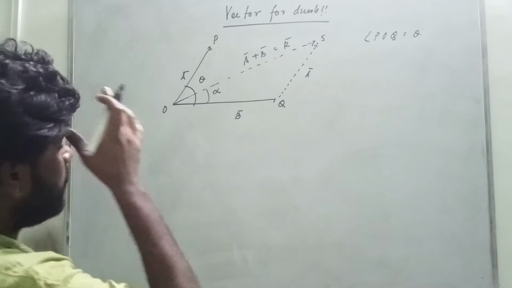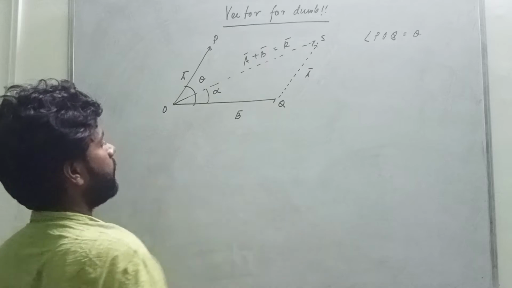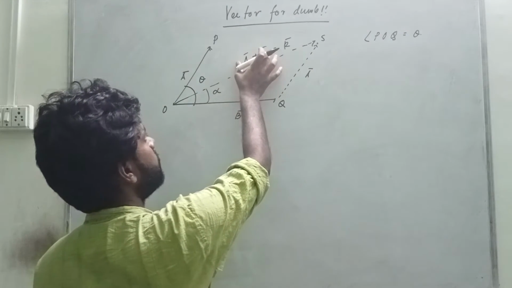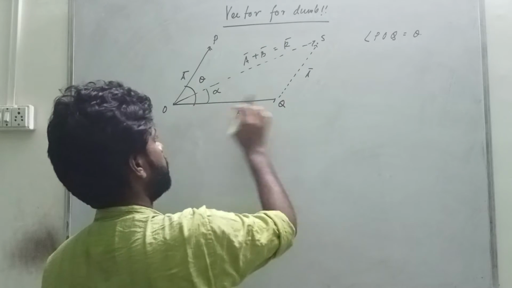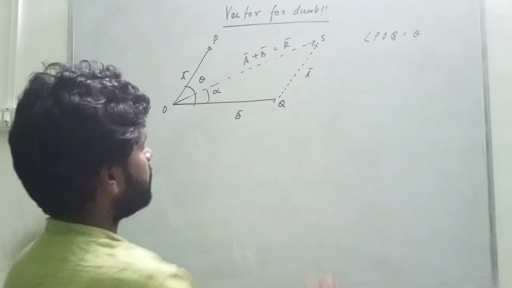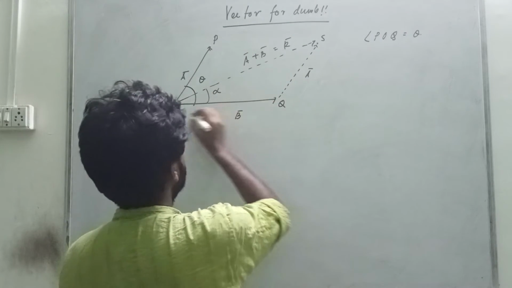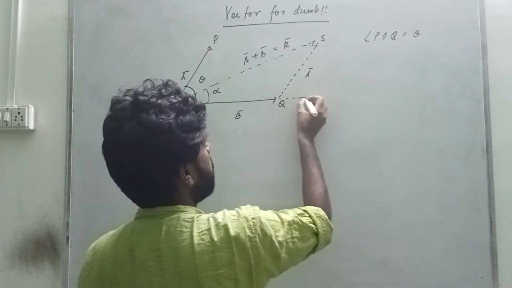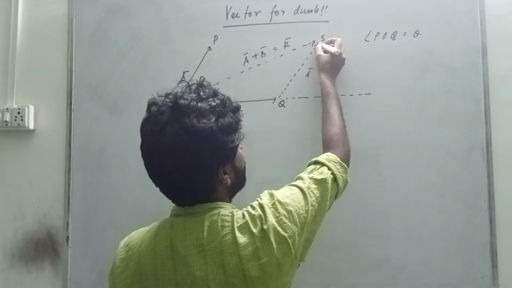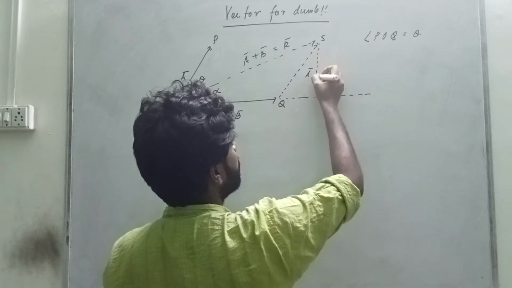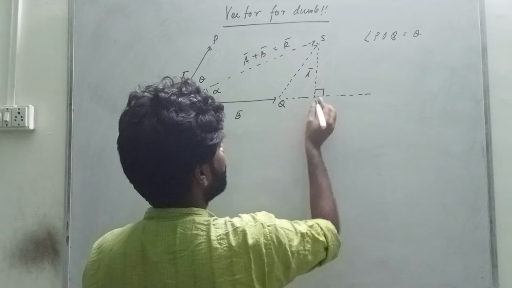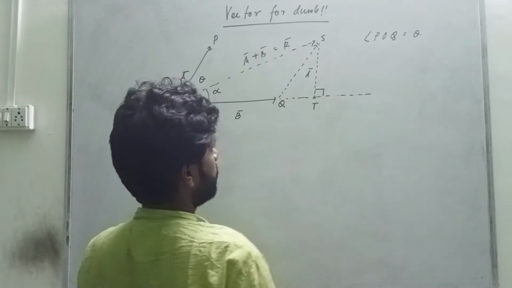So I want to calculate the value of alpha, the angle of the vector a plus b, r, with b, right? Okay, this is very simple. Just extend this line OQ and please drop a perpendicular from S to this extended line OQ. Just name it T somehow.